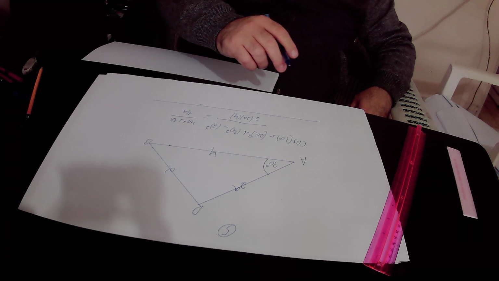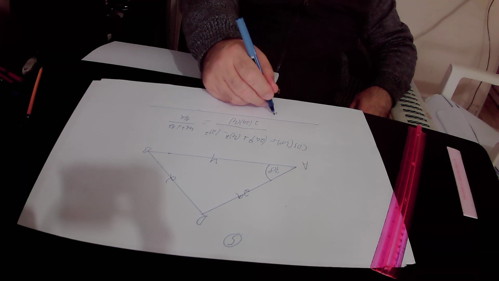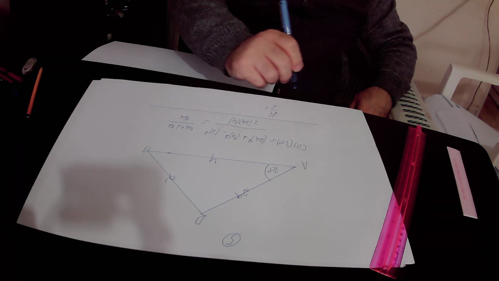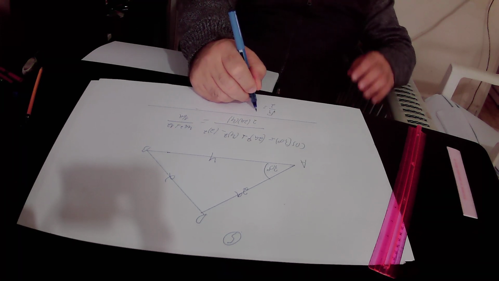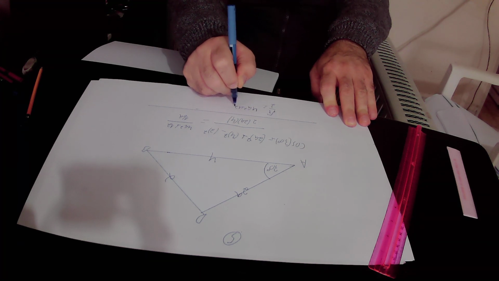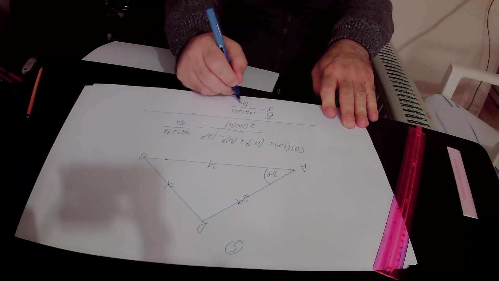And we know that cosine 30 degrees is square root of 3 over 2. It equals 4a squared plus 12 over 16a.